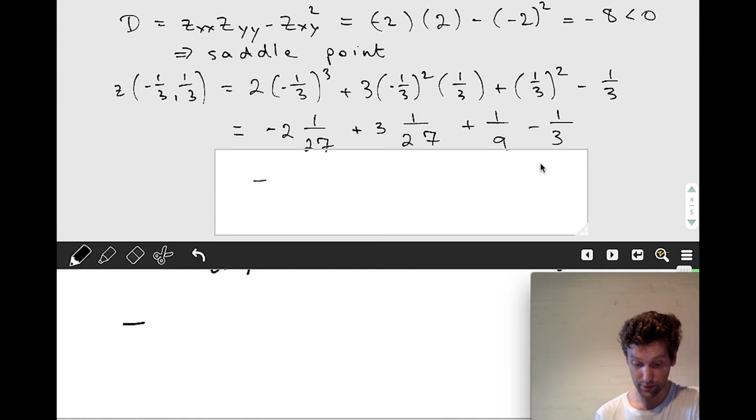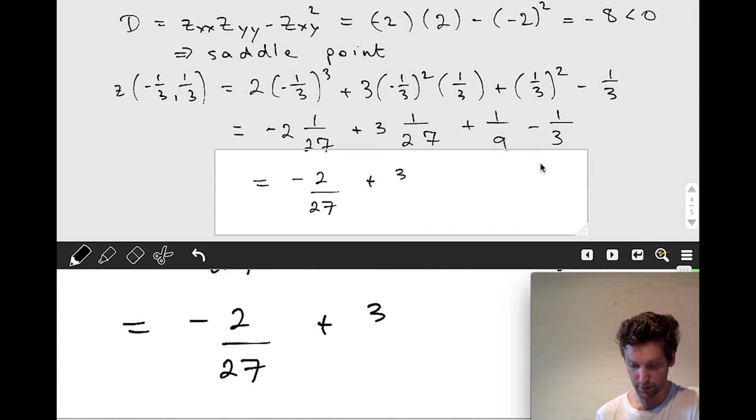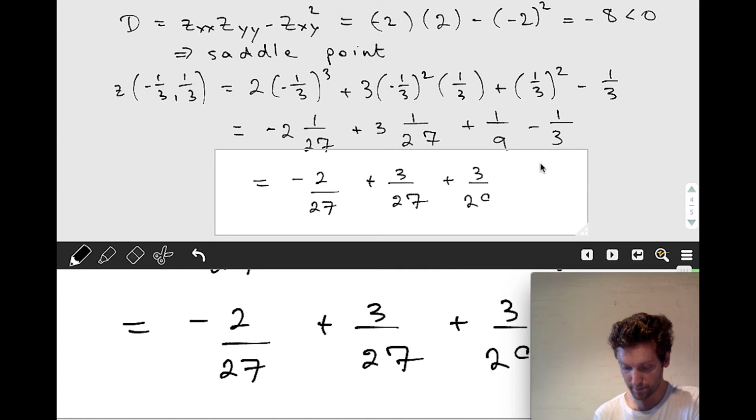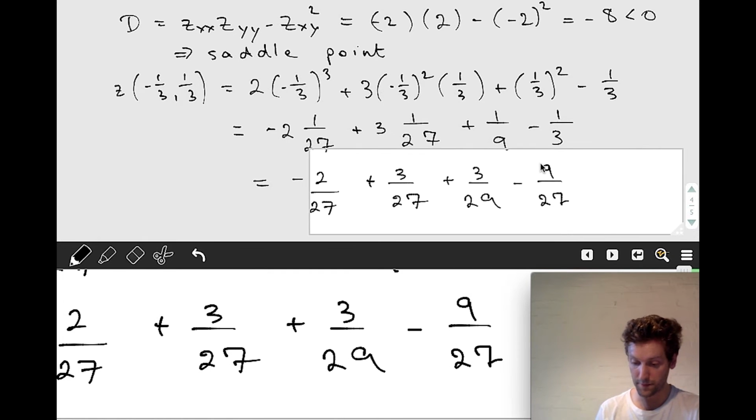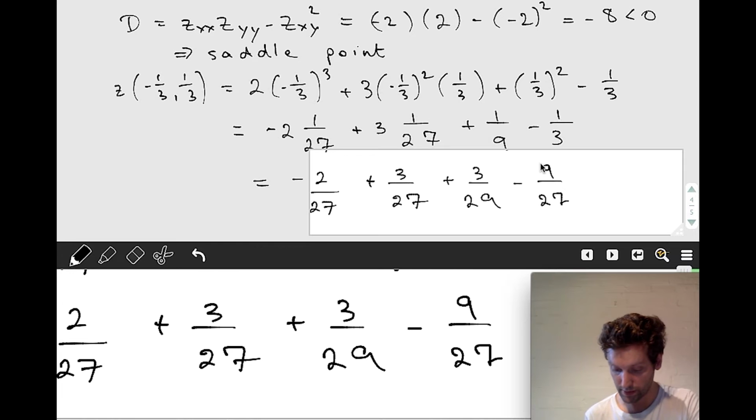Let's put everything over 27: minus 2/27 plus 3/27 plus 3/27 minus 9/27. So we've got minus 2 plus 3 plus 3 minus 9, which is minus 5/27.